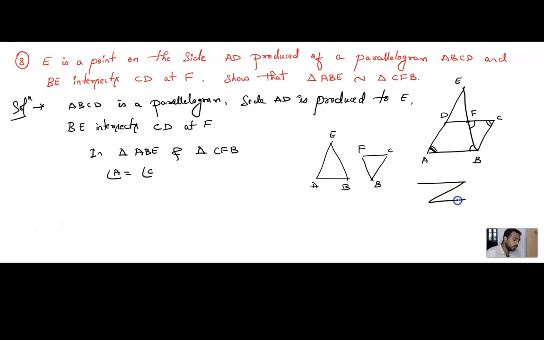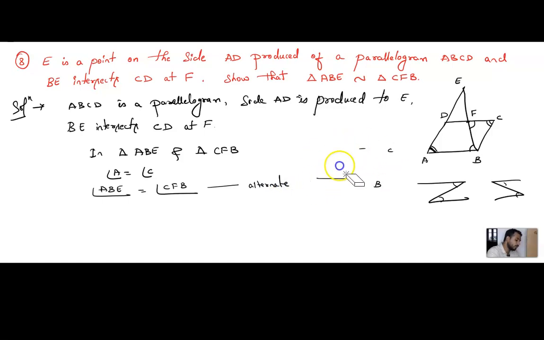Can you remember? So these both are alternate angles. So we can say that angle ABE is equal to angle CFB. Which are these angles, children? Alternate angles. Here the reason is alternate angles.